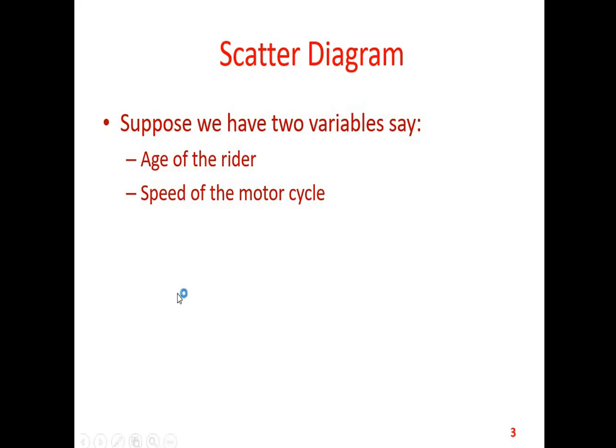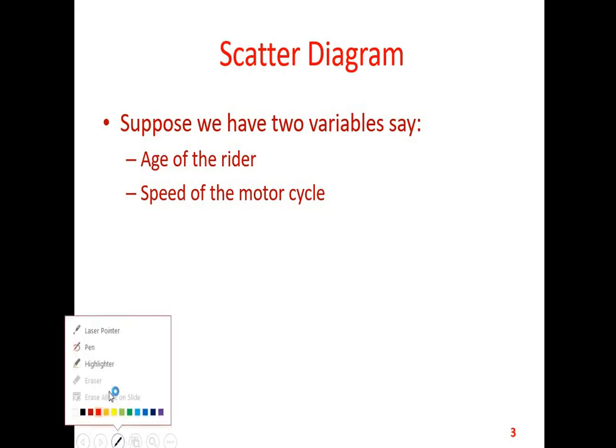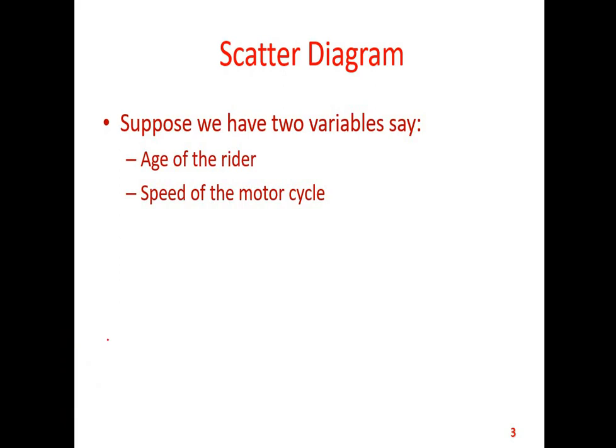The first variable is the age of the rider, let us call it x, and the average speed at which they drive their motorcycle, let us call this y. Based on these values, we want to understand the type of relationship between age of the rider and the average speed at which they drive their motorcycle.